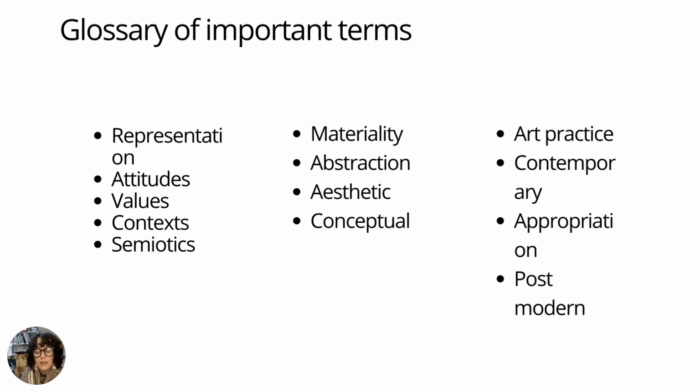Art practice, and we will actually look at the concept of art practice a little bit further on in another video. Contemporary. Appropriation, which is taking art and recontextualizing it. And postmodern. We'll look at postmodern in more detail when we look at the frames, and in a later video when we do a deep dive on postmodern concepts.